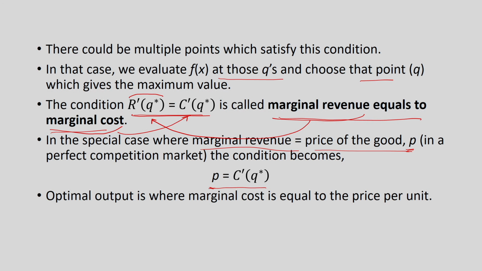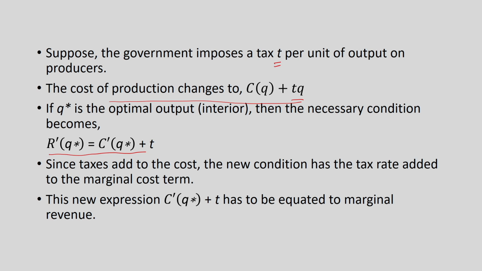Marginal revenue is equal to marginal cost at the maximum point. Here R dash Q star is equal to C dash Q star plus small t, right. So, this is the additional component that has been added to the right hand side, to the marginal cost part.